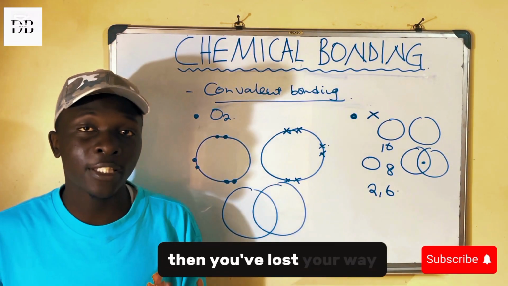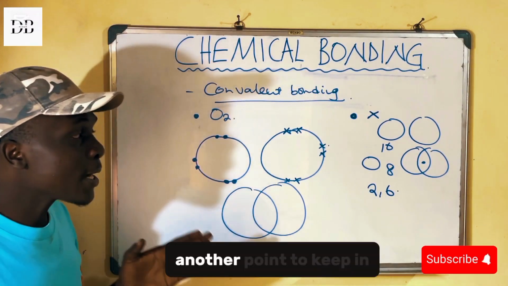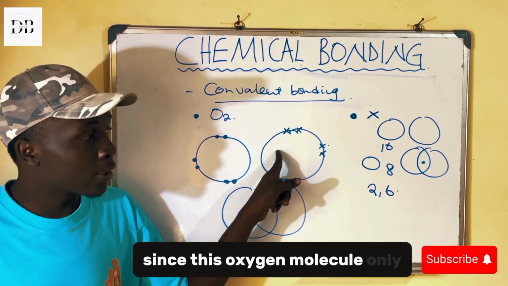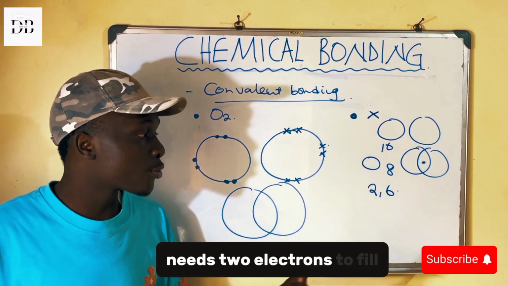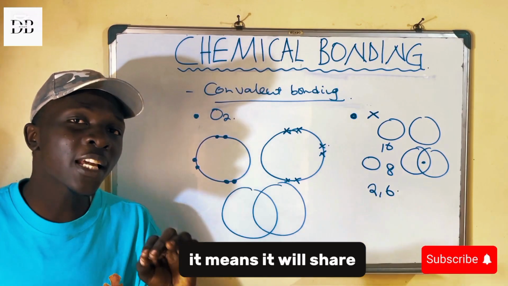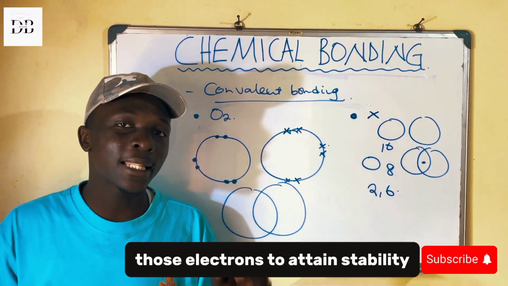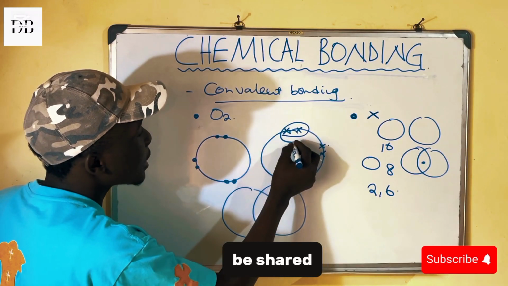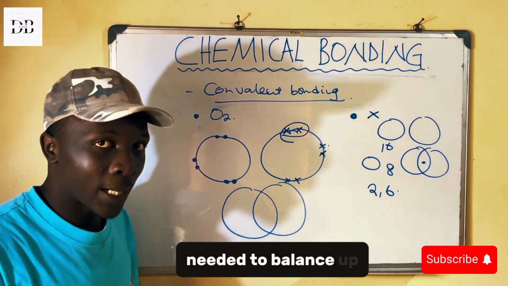Then you've lost your way. Another point to keep in mind is that since this oxygen atom only needs two electrons to fill up its second shell, it will share electrons to attain stability. So these two electrons will be shared because they are what are needed to balance out.